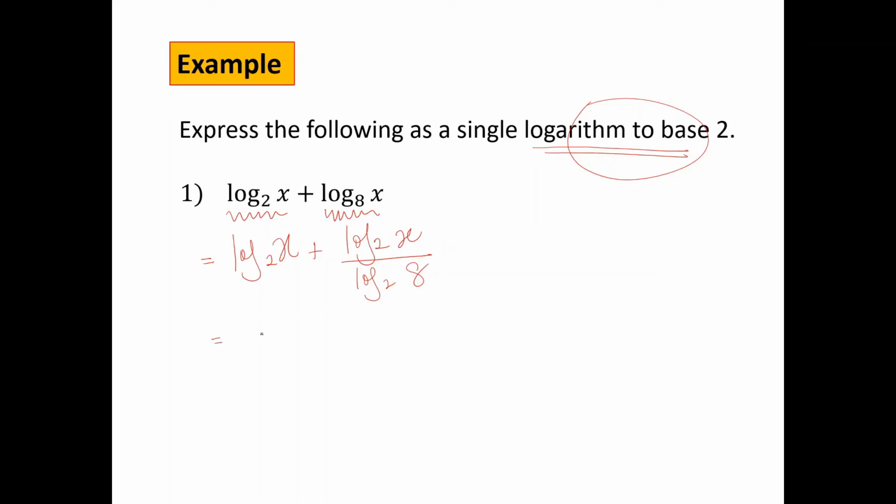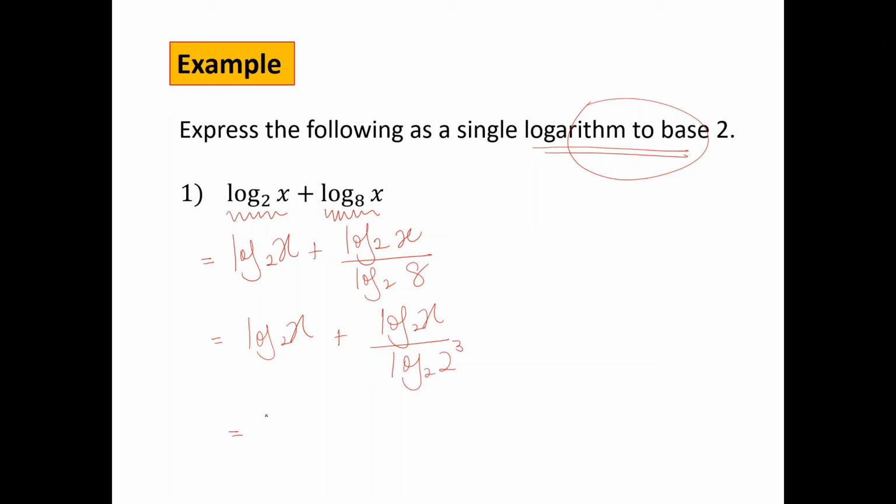Okay, continue. Log x base 2 plus log x base 2 over, basically 8 is equal to 2 to the power of 3. So we write 2 to the power of 3.